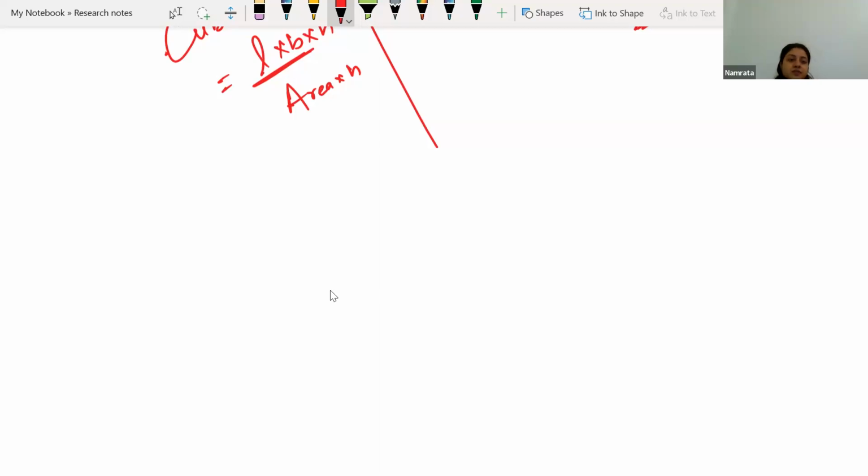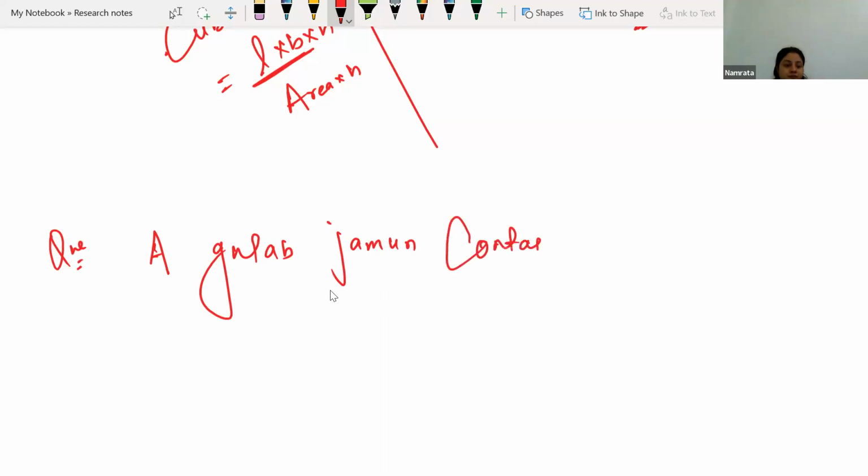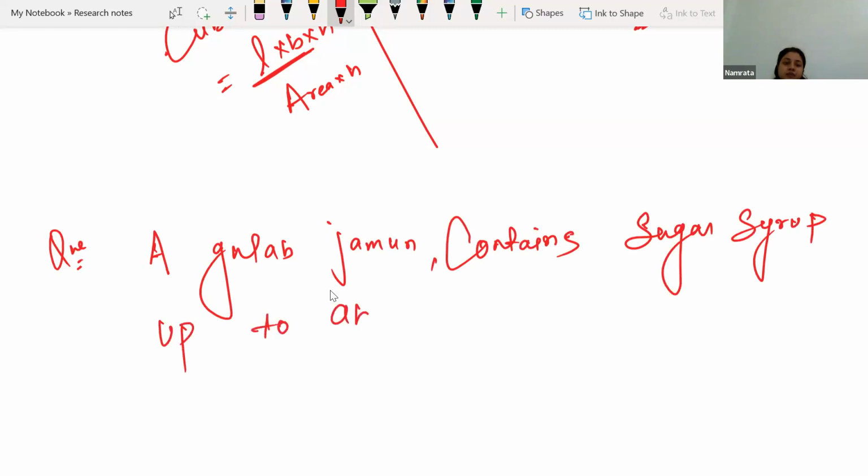The question says, a gulab jamun container contains sugar syrup up to about 30% of its volume.